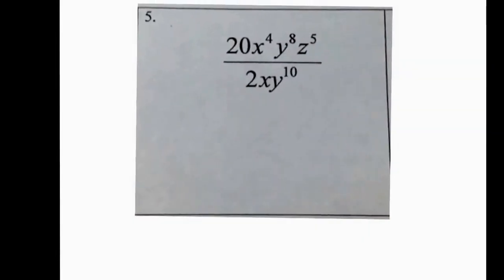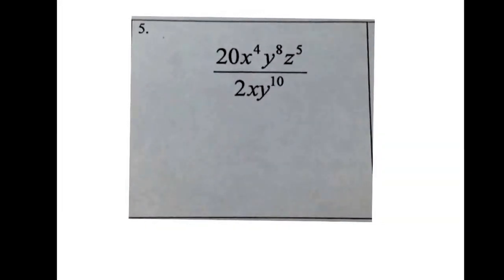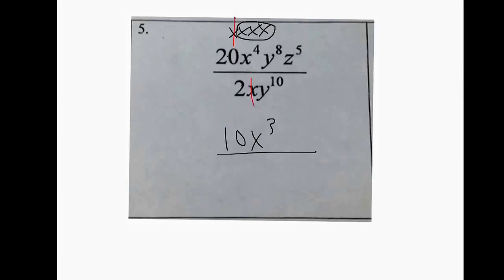Alright, now we move into what we've been studying. So we start on this problem. 20 divided by 2 is 10. Then this would be x, x, x, x over an x. That's already expanded, so I cross out. That leaves me with x to the third, and that's on top. This would be y, y, y, y, y, y, y, y for the 8 y's.